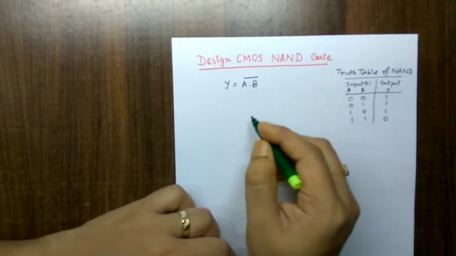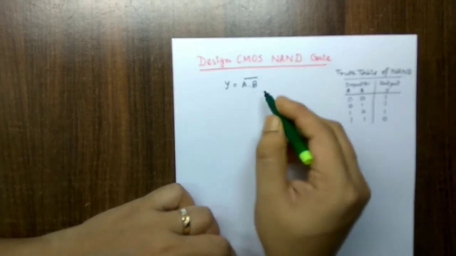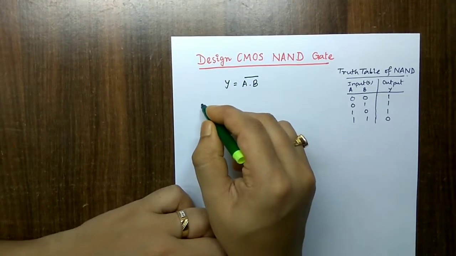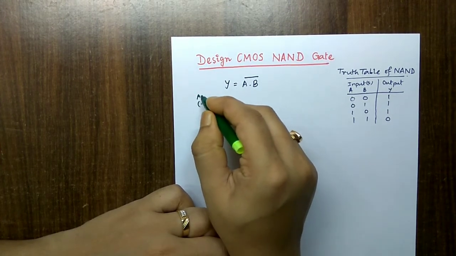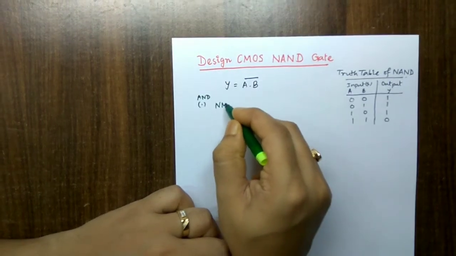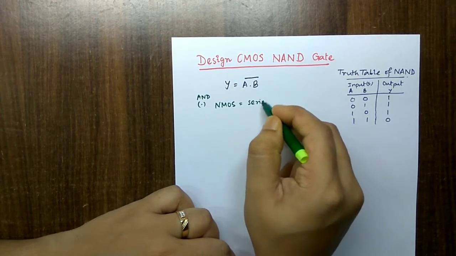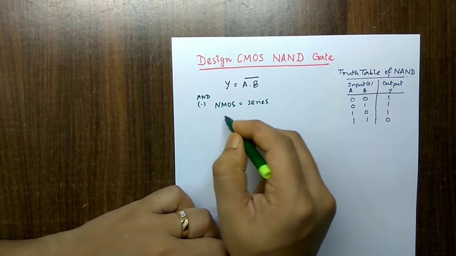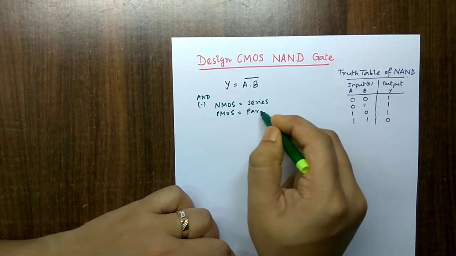If it is a dot operation, that means we have a basic principle. A dot operation means AND operation. So for AND operation, the NMOSes should be connected in series and the PMOSes should be connected in parallel.